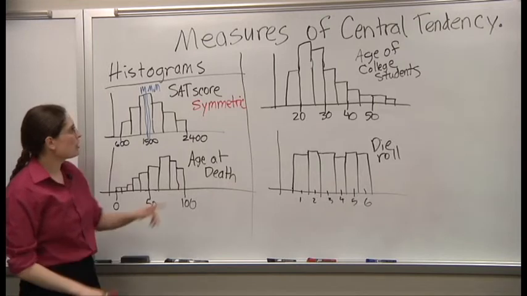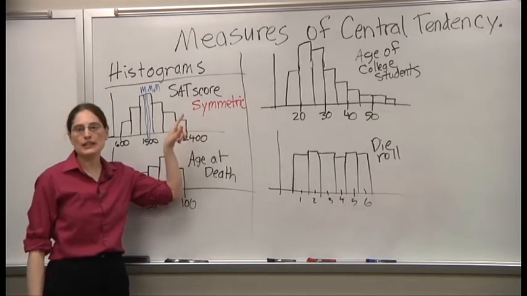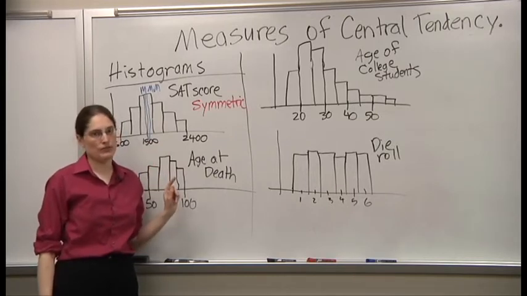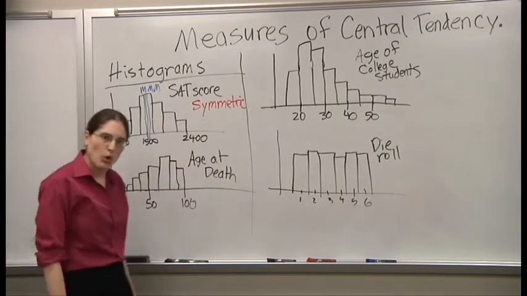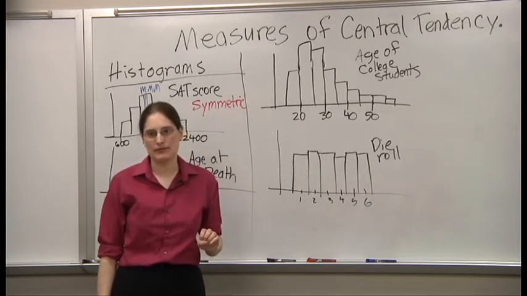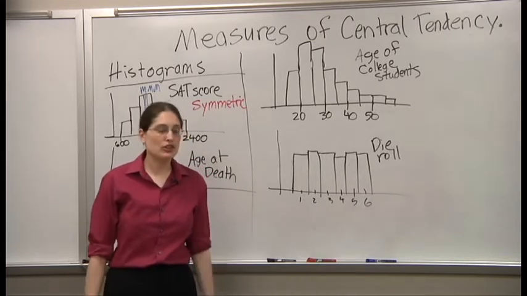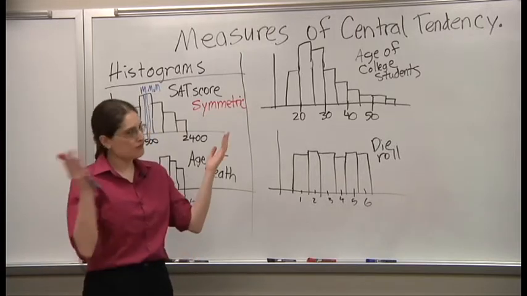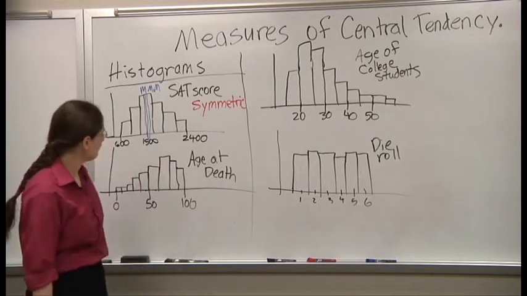SAT scores have a symmetric distribution with most students scoring close to average. Why? Because the test was designed to do that. My tests usually don't have a symmetric distribution because that's not how I design them.